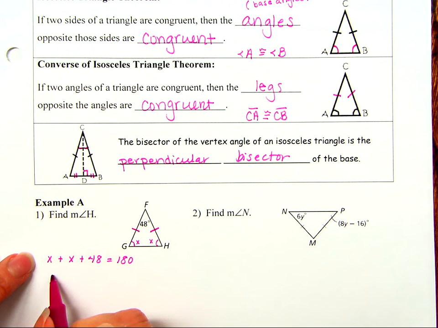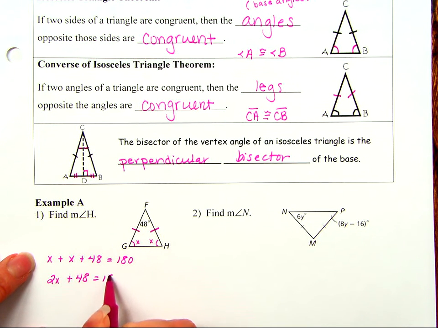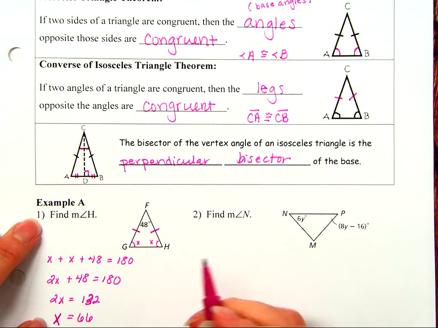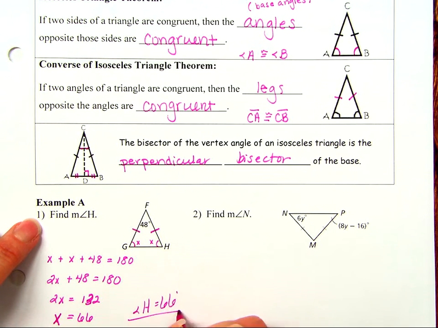If we did a little bit of simplifying, we'd have 2x plus 48 equal to 180, and we would go ahead and solve for x. Now I find out that x is 66 degrees, and therefore I know that angle H would equal 66 degrees.